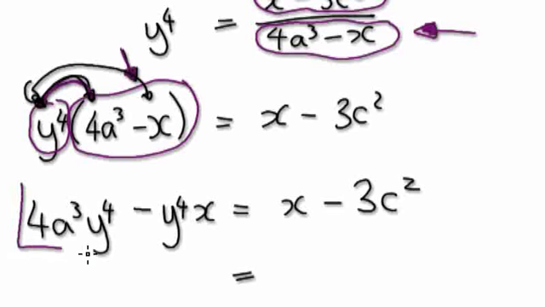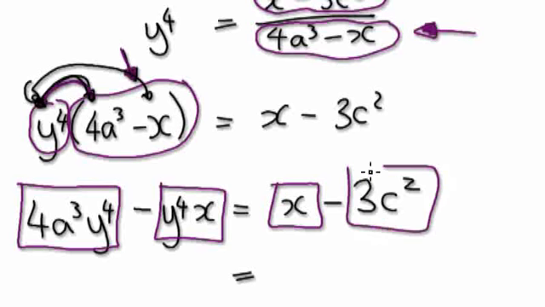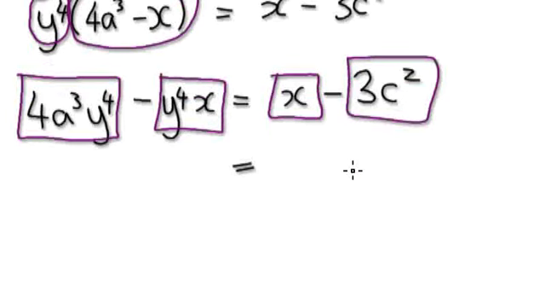And now visualize it as this. You've got one block, take away this block, equals this, take away this. You want to get x on its own, so get all the x's on one side. Let's add this to both sides, because at the moment it's negative.